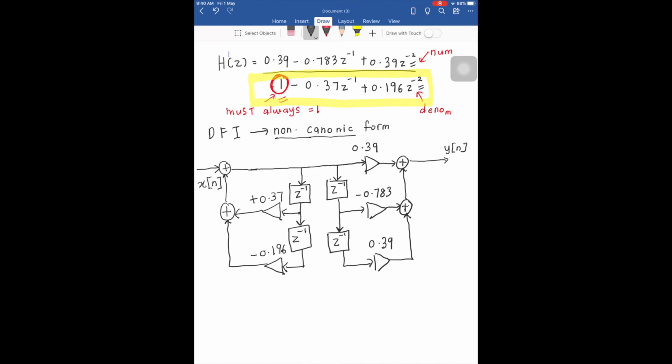Done. If you look at this part, this is always equal to 1. So this part represents this.